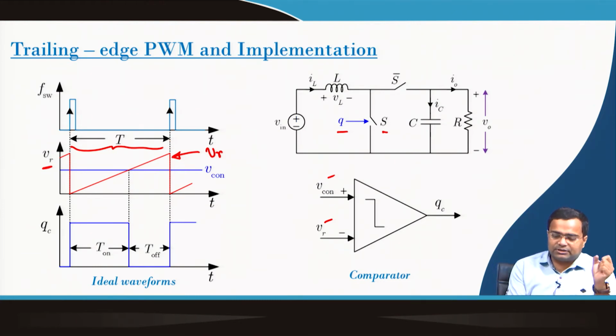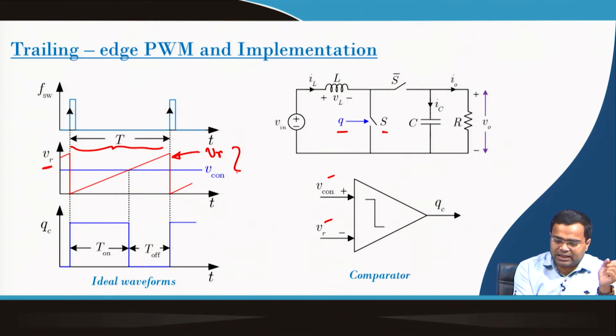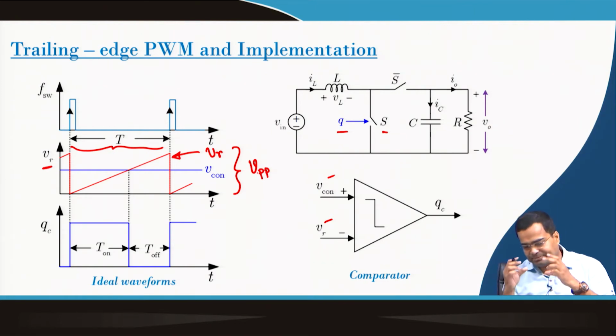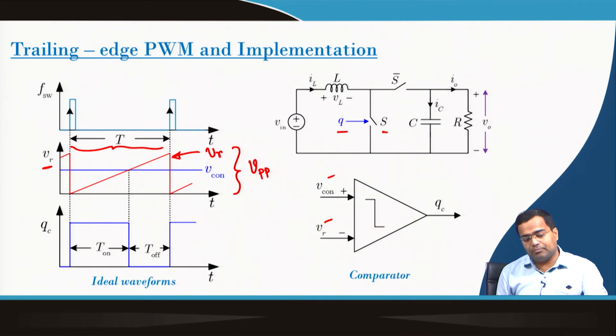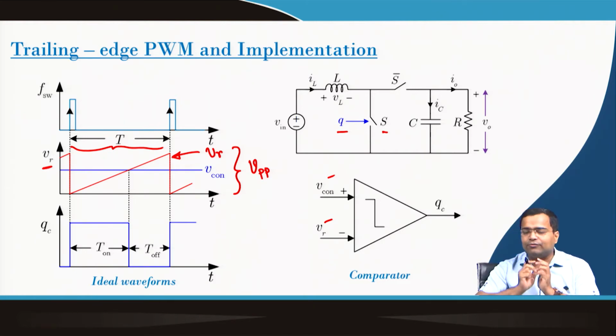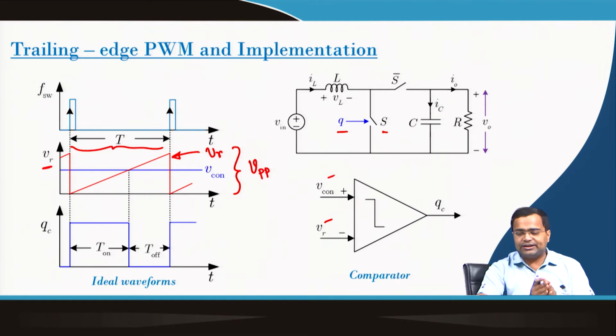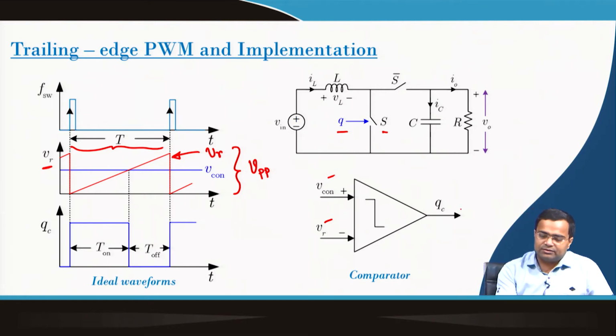This VR will have an upper voltage, or peak to peak voltage limit, and if we change this limit without changing the slope, then the time period will also change. With this sawtooth waveform, if we compare a control voltage, then we can generate QC, the comparator output.